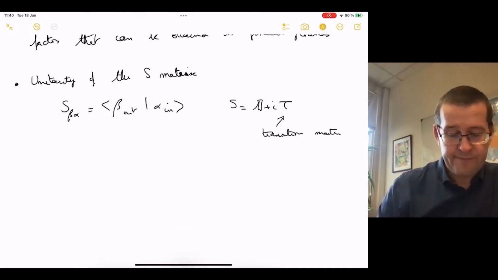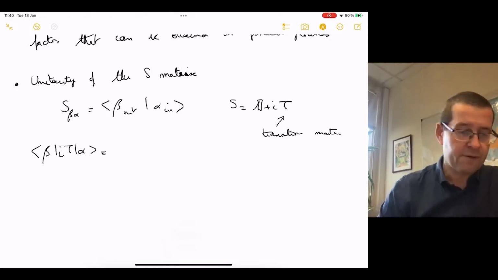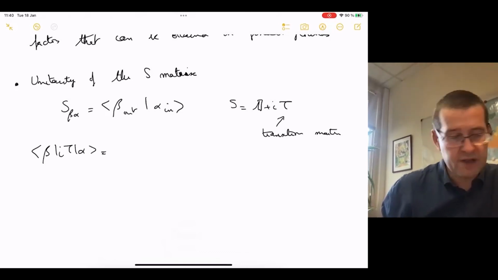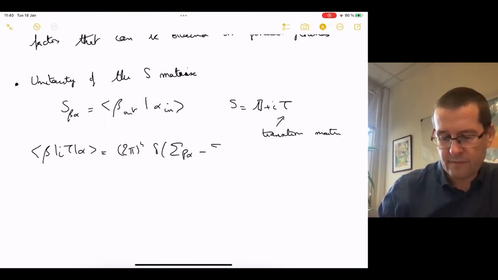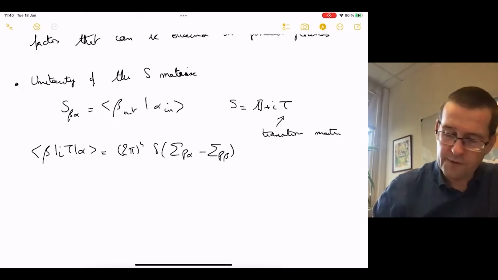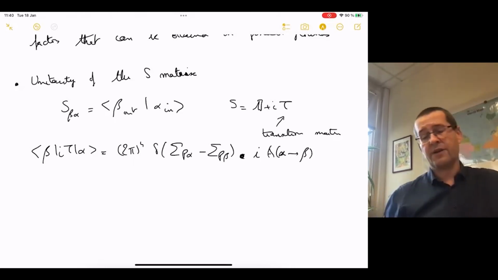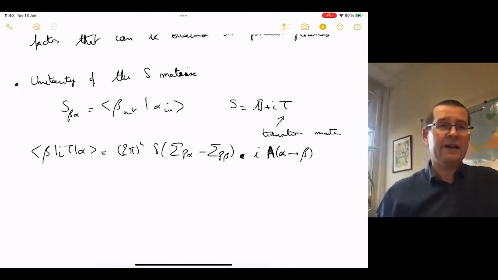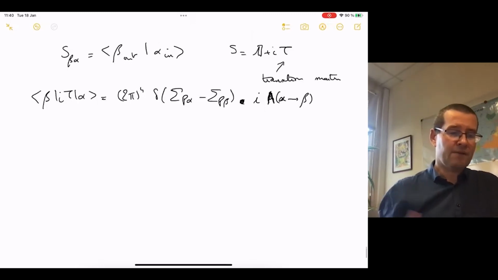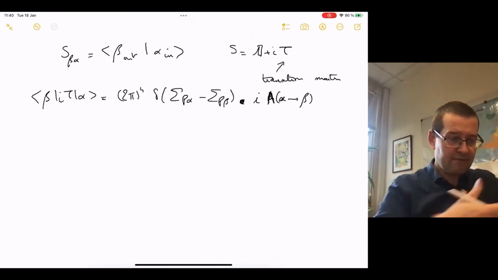And so when you want to actually compute the transition probability amplitude for a given process to occur, multiply by i alpha beta, that's actually contained inside the transition amplitude. Obviously, the identity part of the scattering matrix is just telling you that you have an overlap between states that do not interact, that remain the same.